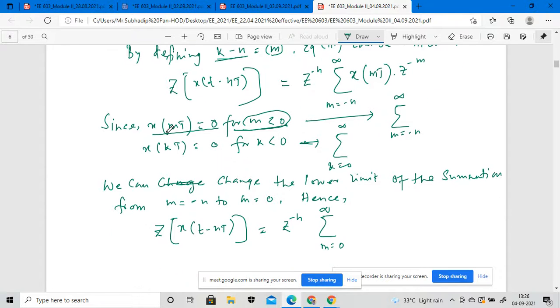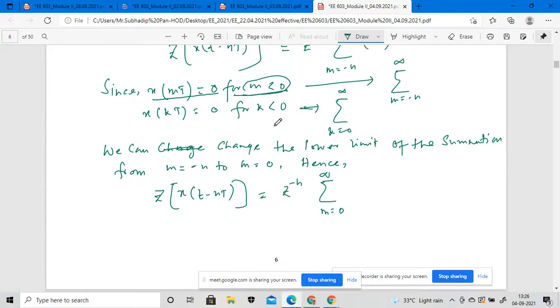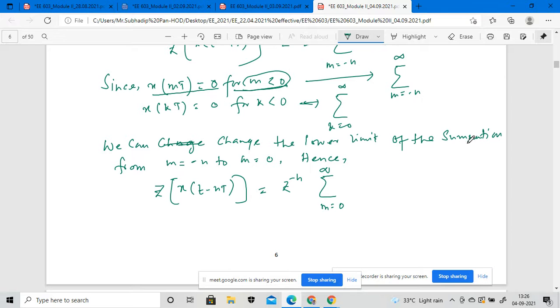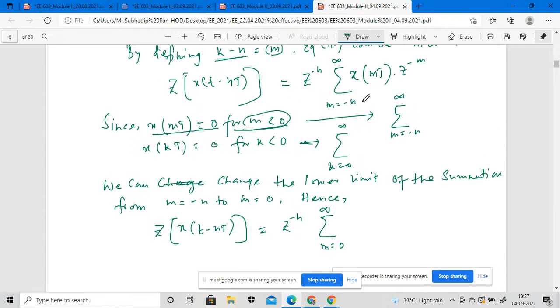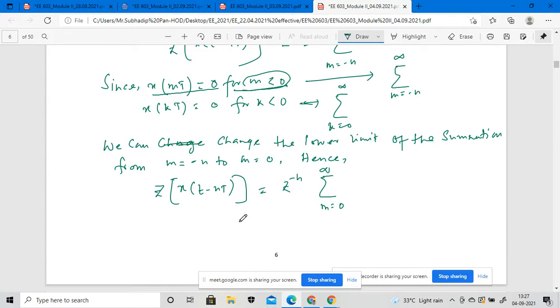Since x of mT is equal to 0 for m less than 0, we change only the lower limit from m equals minus n to m equals 0.